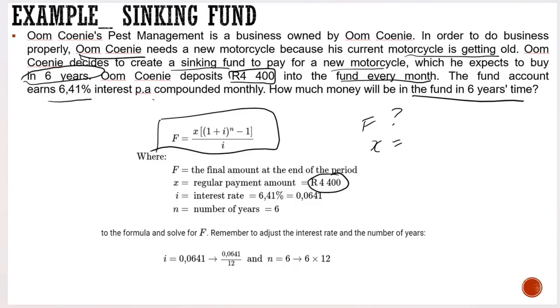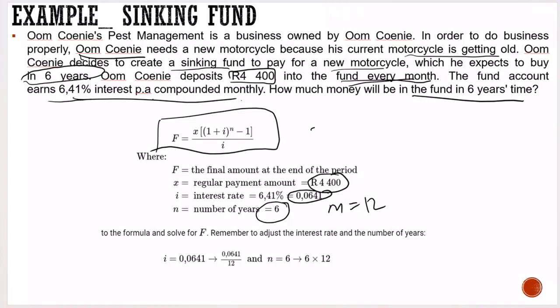And then your interest rate, this is your interest rate. The number of years is 6. You also need the compounding periods. Your compounding periods for your interest are the same as the compounding periods for the payments, so that is going to be equal to 12. Now you are going to substitute everything into your formula.